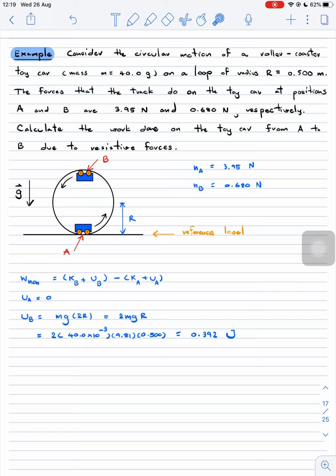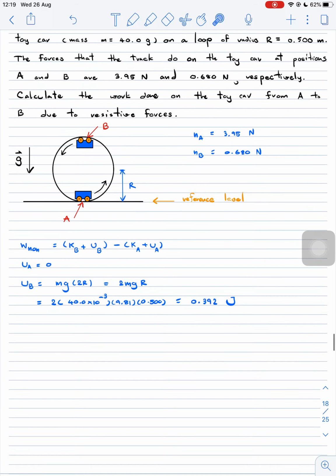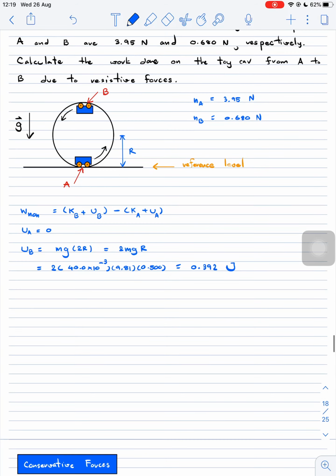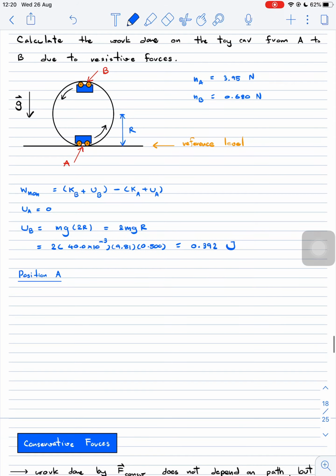If we can find the centripetal force, it means that we can find the speed of the toy car, right, using Fc equal to mv square over r. Remember from the circular motion chapter. Okay, then let's consider position A first. The toy car, right?